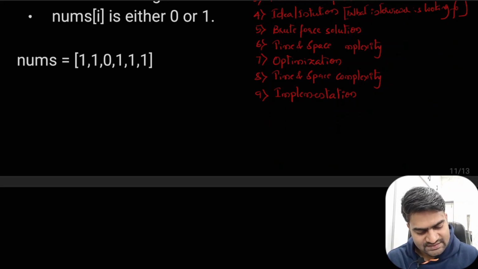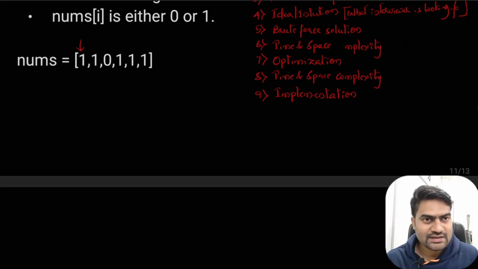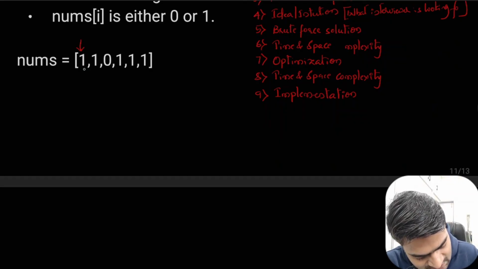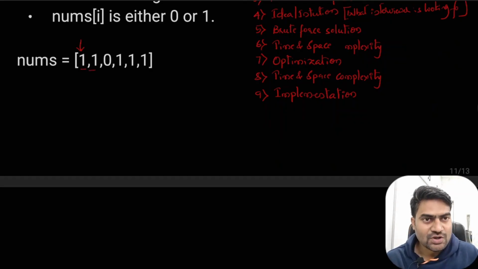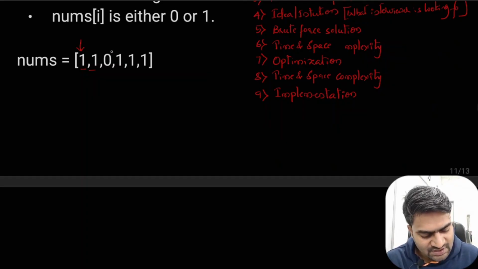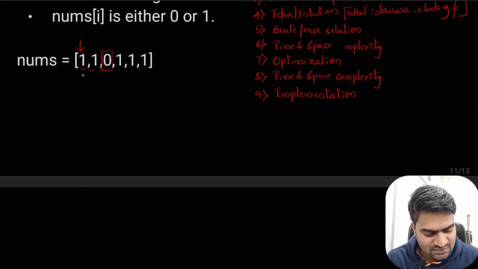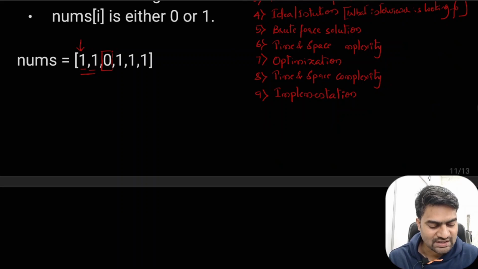So I will stand at a 1, then count the number of ones from that one till the next available ones. Whenever we get 0, we stop there and consider that as the count of consecutive ones. Then we try to update the maximum consecutive ones count.